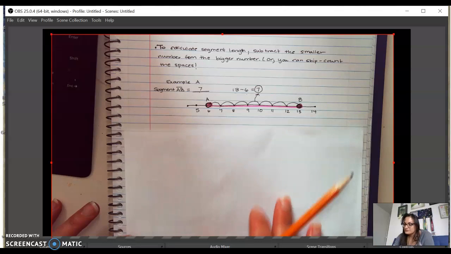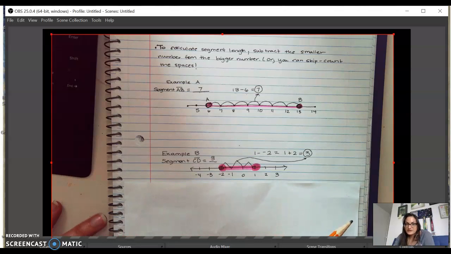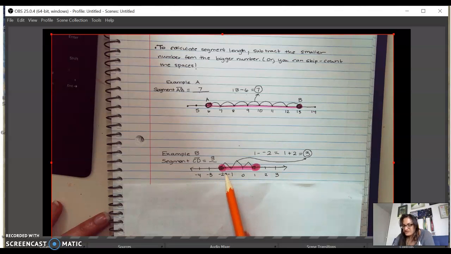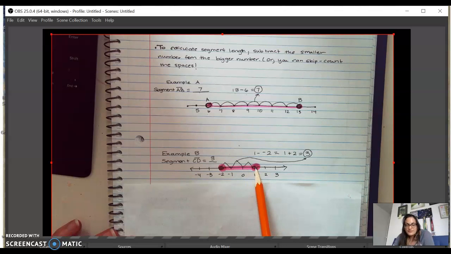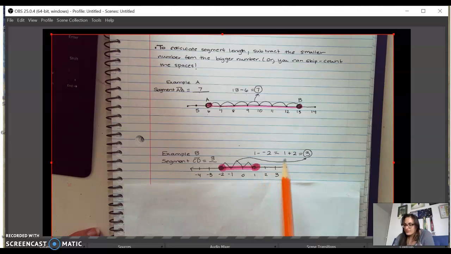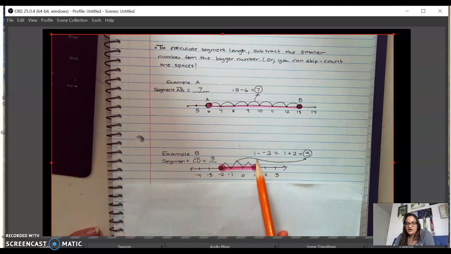Okay, so if you look at example B here, my line segment runs from -2 on the left to +1, right? So remember, you're just subtracting the bigger number. You're taking the bigger number and subtracting the smaller number.